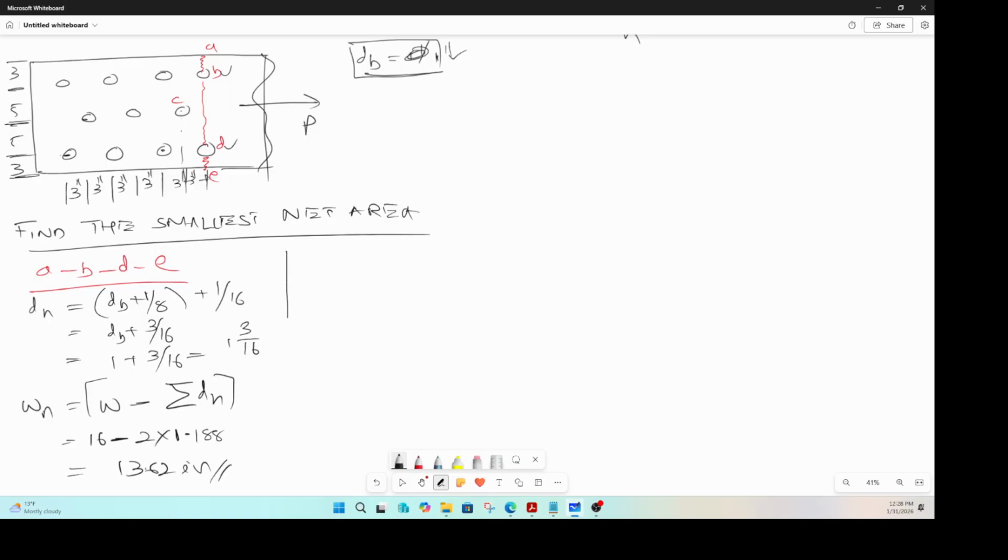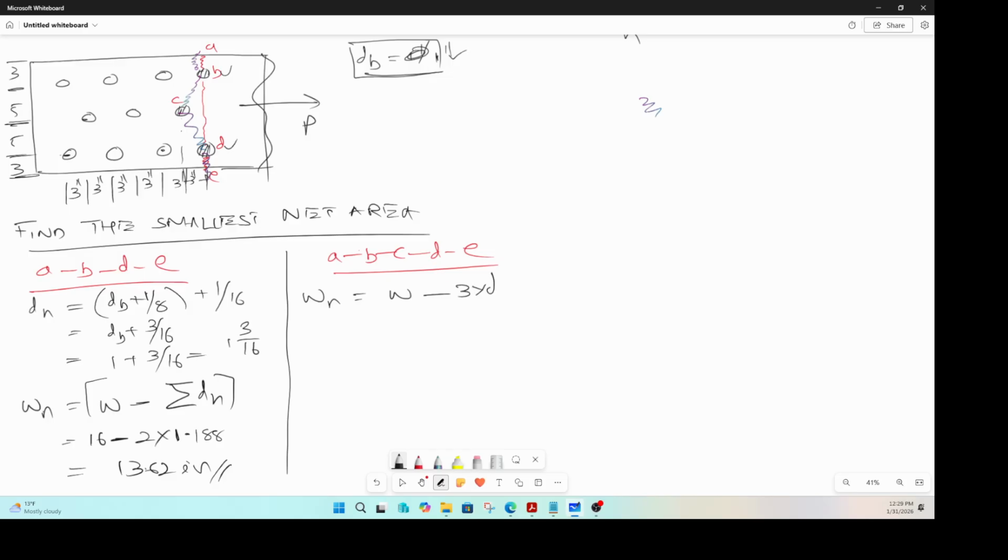But there is also another section, which can go like this: A, B, then C, then D, and then E. So for path A, B, C, D, E, when you're going in that direction, the net is the gross minus how many bolt holes? 1, 2, 3.